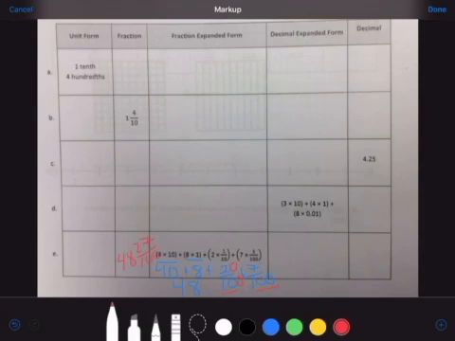48 and 27 hundredths in decimal form is going to be 48.27. In unit form, and I look up here at the example to really help me, all right? So what do I have in the tens column? I have 4 tens. So I write 4 tens.